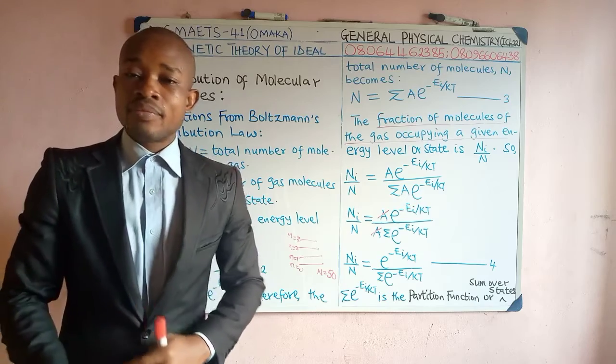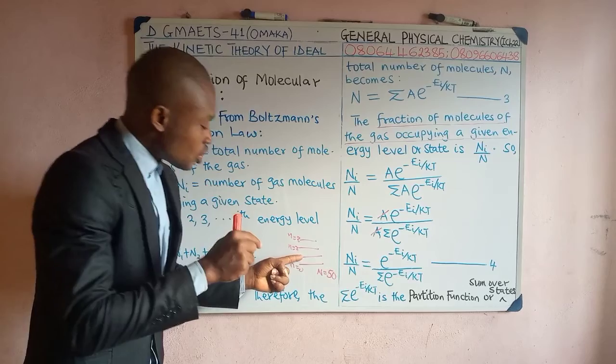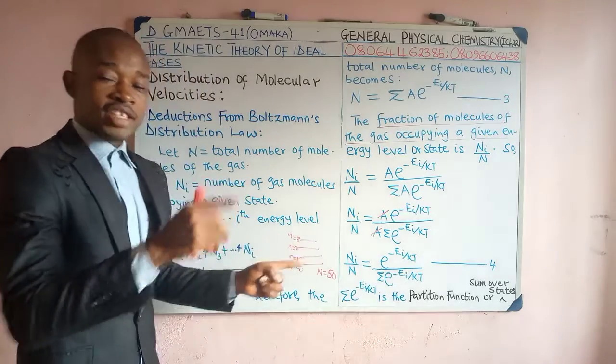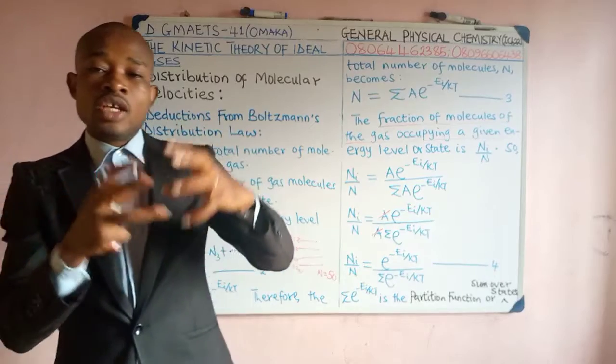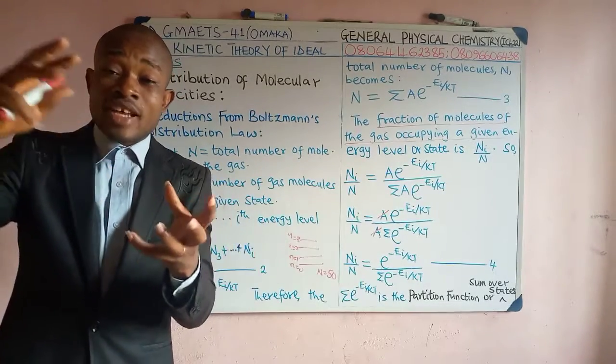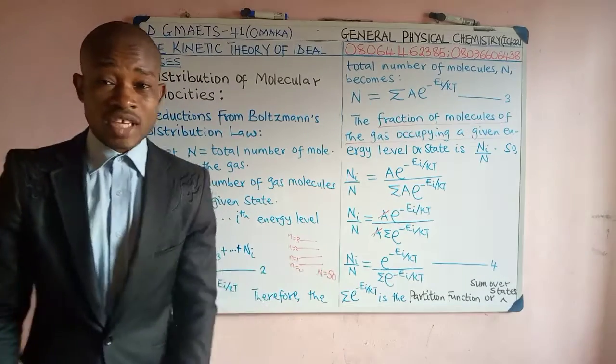Now, if we say that we have such a number of molecules in energy level 1, energy level 2, energy level 3, if you add up each of these numbers of molecules in these different energy levels or energy states, it will definitely give you what? 50, isn't it?